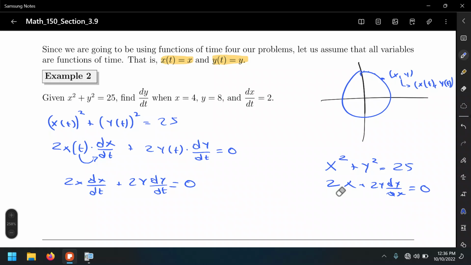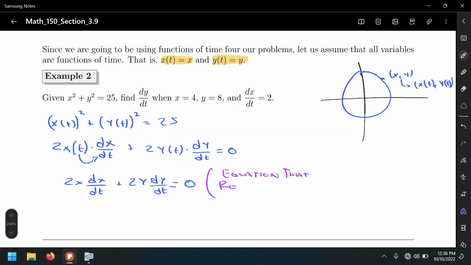Well, they're asking us to find, so this is actually the equation that relates the rates.